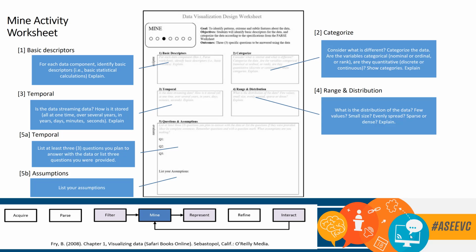The objective of the worksheet is to facilitate the mining stage by identifying basic descriptors for the data, categorizing the data according to its specifications from the parse worksheet, and identifying those questions that define the research underway. Notice the mine stage is directly impacted by multiple stages and directly impacts the next stage in the visualization process.